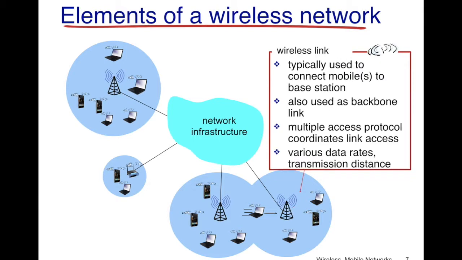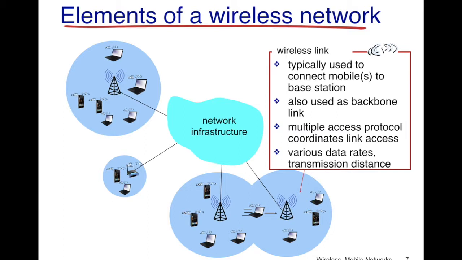Now, the third important component of a wireless network is the wireless link. The wireless link is typically only present in the last hop, and by that I mean only the link between your host, the wireless host, and the access point is wireless. The rest of the network is wired, so we have wireless only in the last hop.